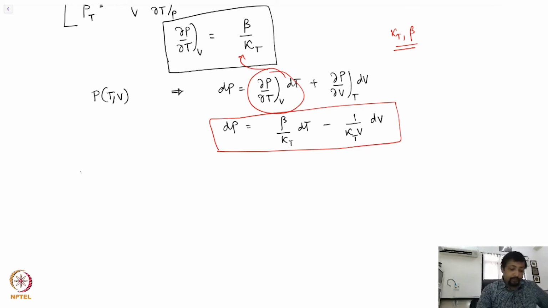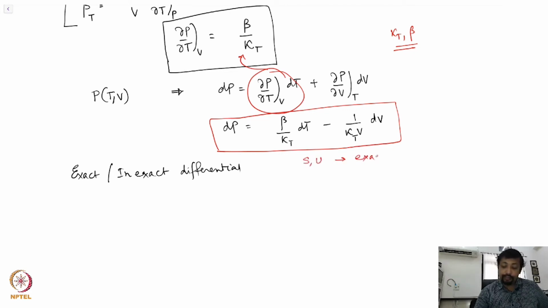Finally, we come to what is called an exact and inexact differential. This we have already done, and the consequence is, for example, that the entropy and the energy are exact differentials. Why are they exact differentials? Because they do not depend on path.